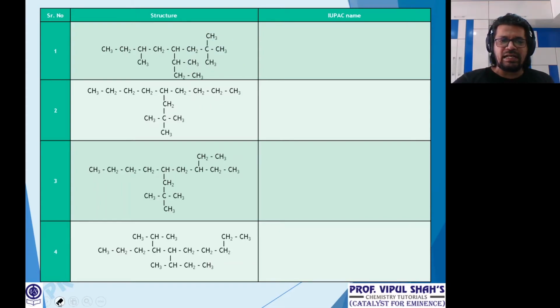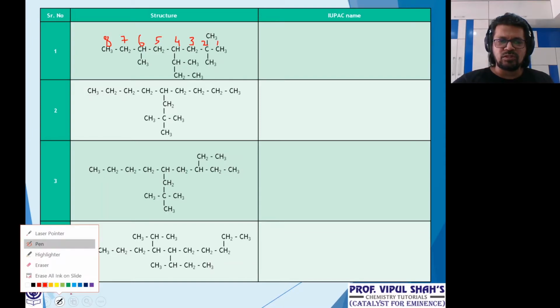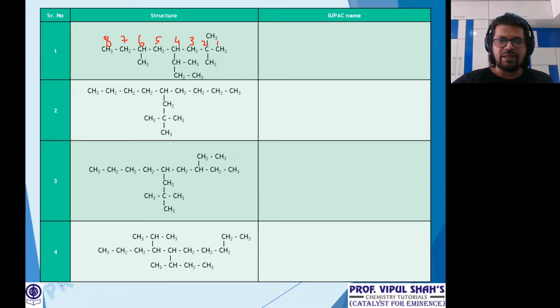Suppose I take the continuous chain now from here. 1, 2, 3, 4, 5, 6, 7, 8. Now if you observe, how many branches am I having?